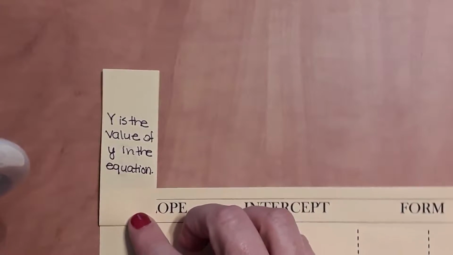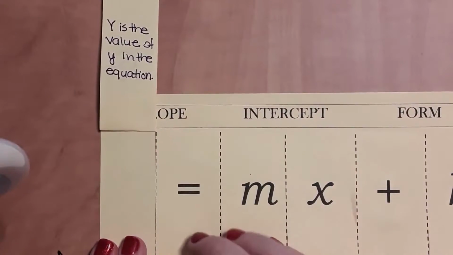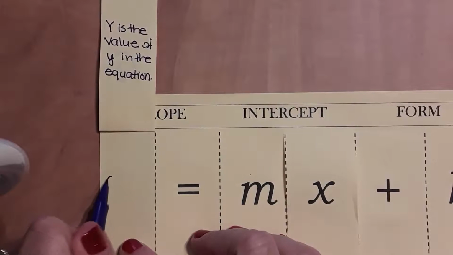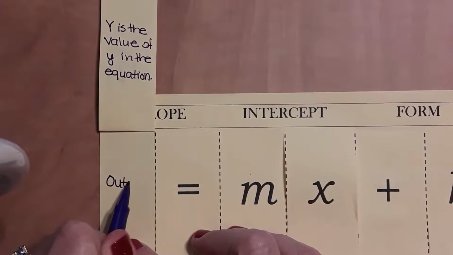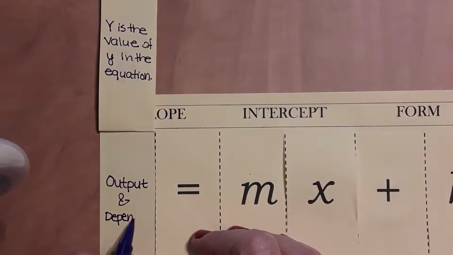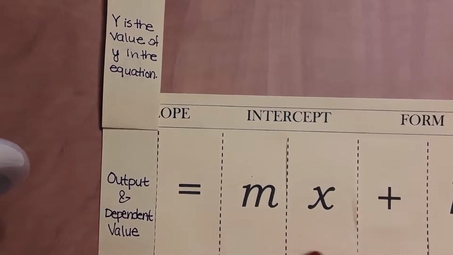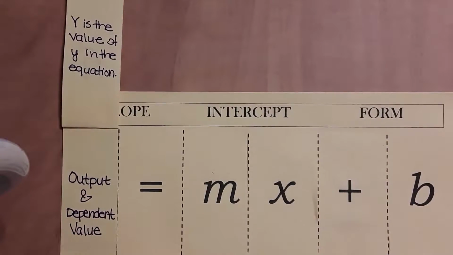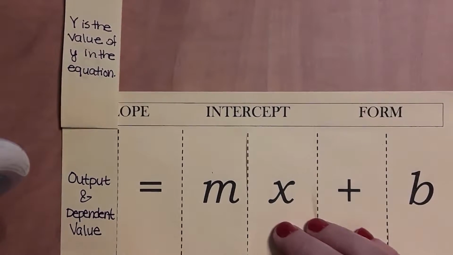Okay, y is the value of y in the equation. It is our output and the dependent value. Y depends on x.